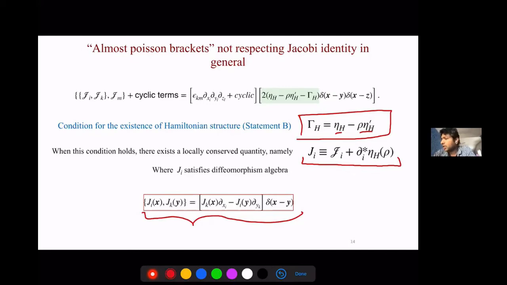What I'm saying is that if this condition is satisfied for the Jacobi identity, then you can always make such a shift in the variables. This shift is always present, which will take you back to a diffeomorphism generator. And in fact, the only cases which are Hamiltonian are where you can find a diffeomorphism generator in some shifted capital J variables.